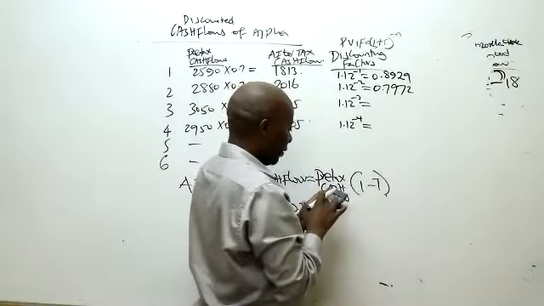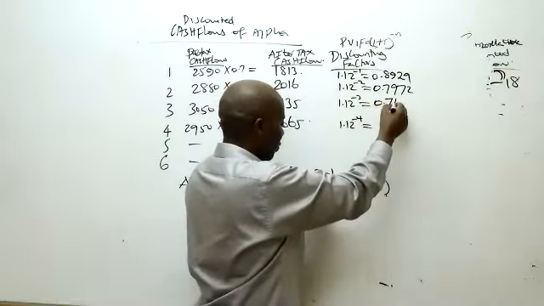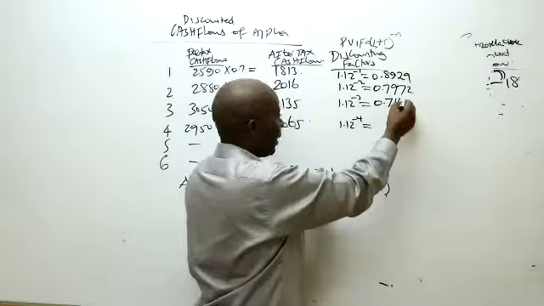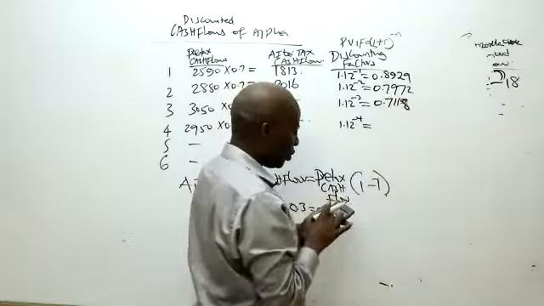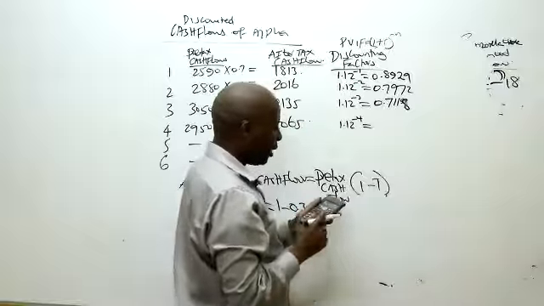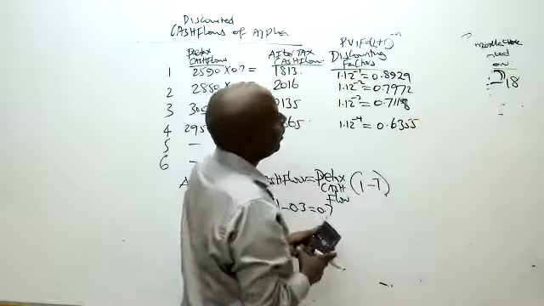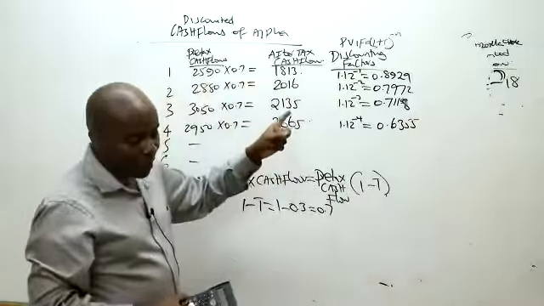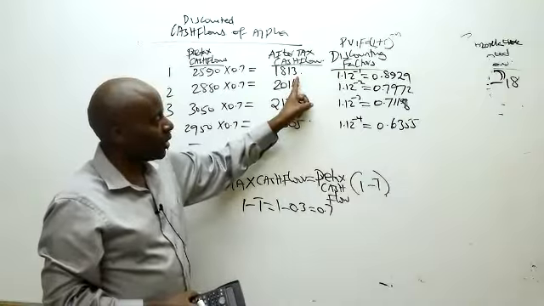Raised to 3, which will give me 0.7119. And then raised to power 4, what do we have there? 0.6355.